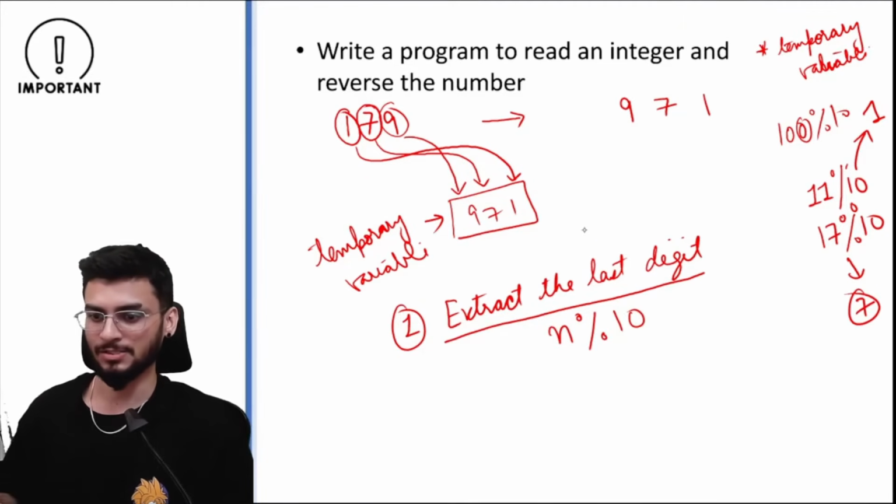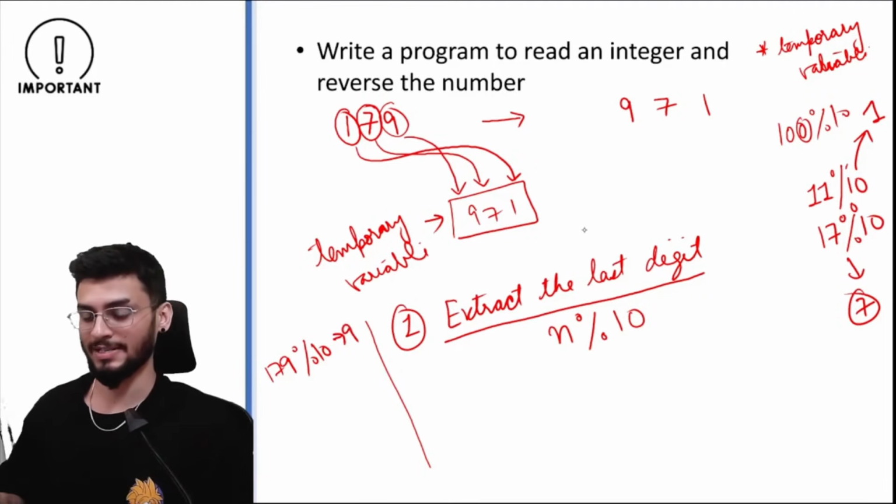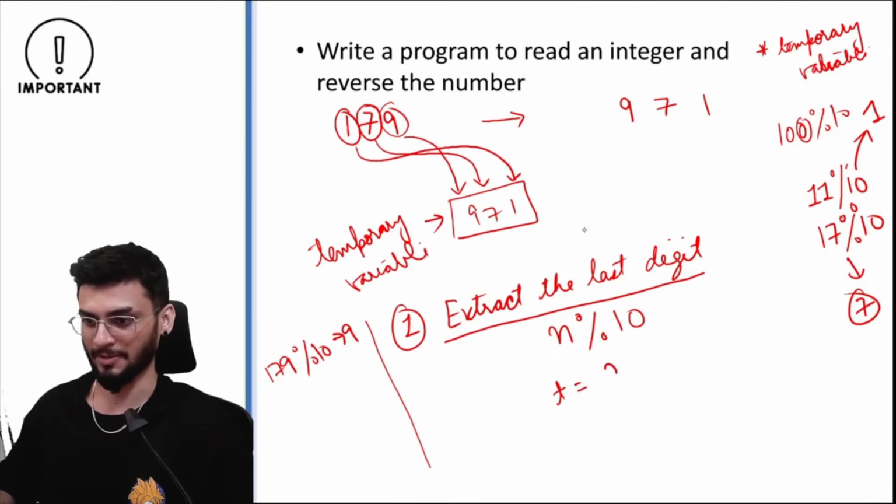So in this case, what happens? 179 percentage 10. What does it give us? It gives us 9. So the next step would be to, let's call the temporary variable t. I store this in t.